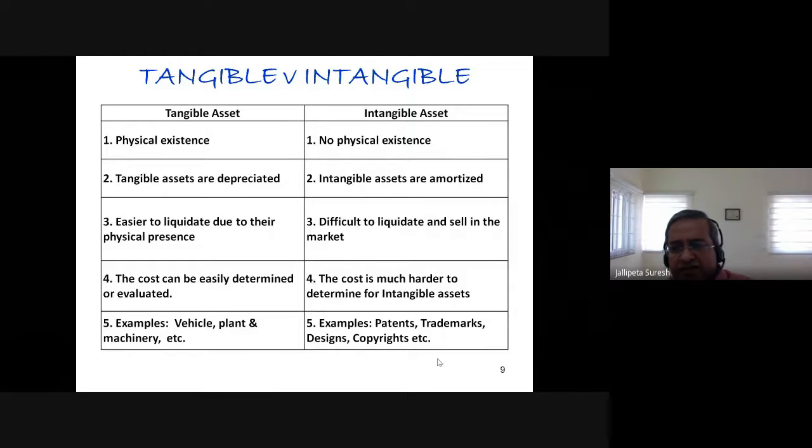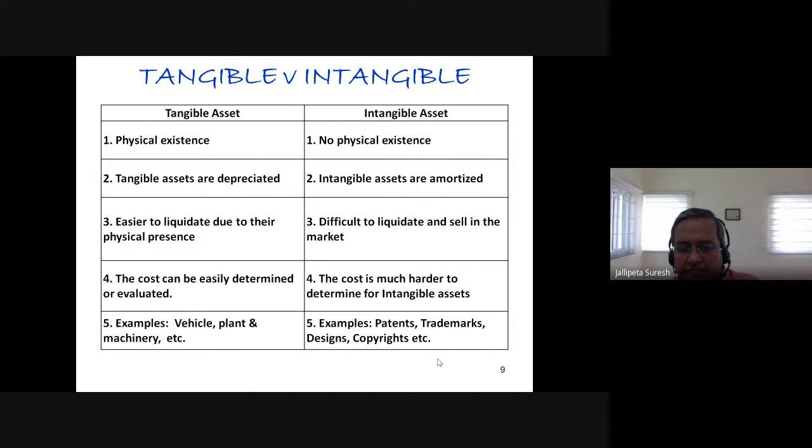Tangible assets are easy to sell, but it is difficult to liquidate intangible assets because they are intangible. Setting a value is very difficult. If at all we set a value, it will be a notional value. So there is a difficulty in liquidating intangible assets in the market. The cost of a tangible asset can be easily determined.